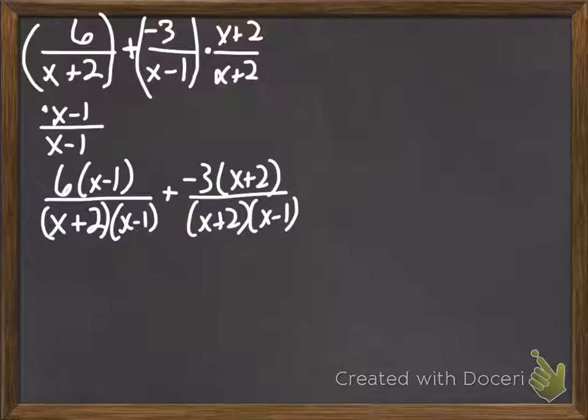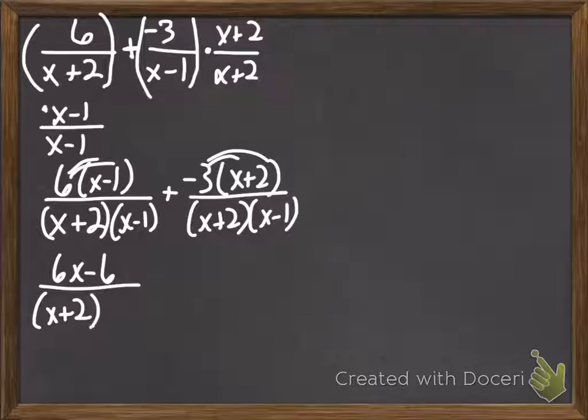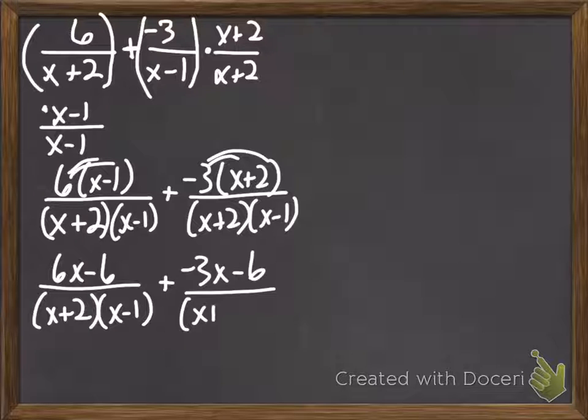Now we have to do a little bit of touching up with our numerators. So we do a little bit of distributing so we can add these together. So we get 6x minus 6 over x plus 2 x minus 1 plus -3x minus 6 over x plus 2 x minus 1.